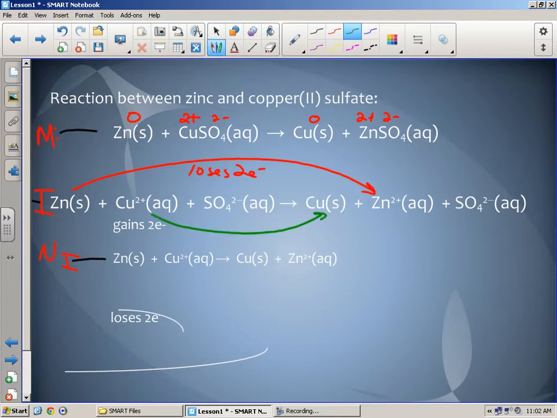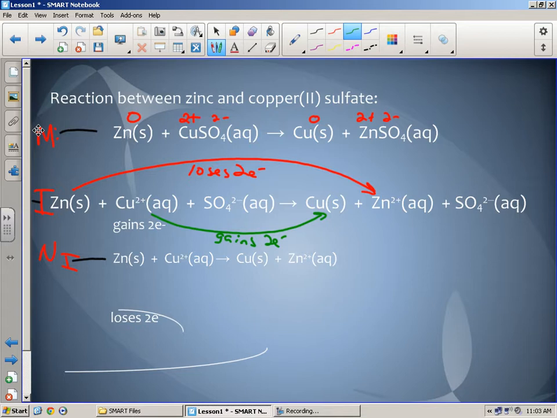It goes to copper 0. How does that happen? Copper 2 plus gains 2 electrons. So that one is, of course, being reduced, correct?